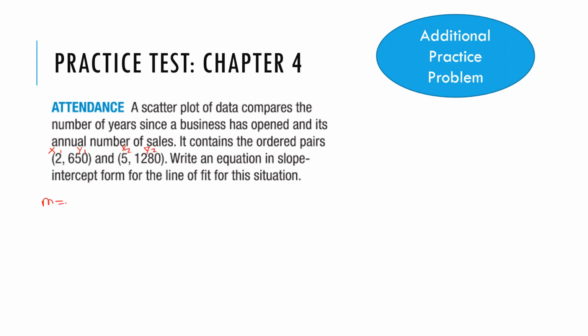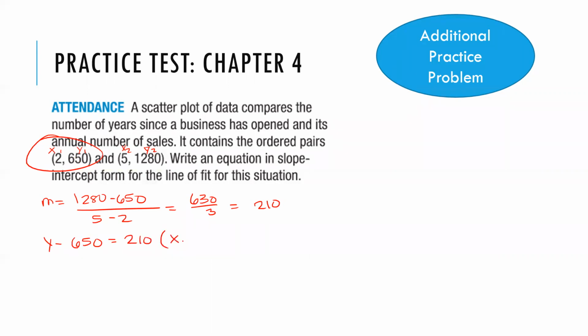So first I'm going to find the slope, and that's going to be 1,280 minus 650 over 5 minus 2. That ends up being 630 over 3, which is 210. So that's my slope. So I have a slope and a point. So that's y minus 650 equals the slope of 210, and then x minus x1, which is 2.